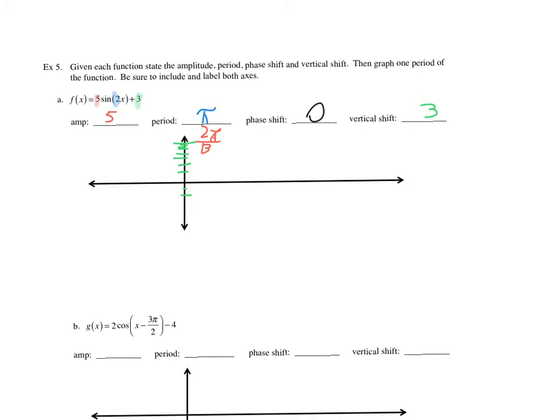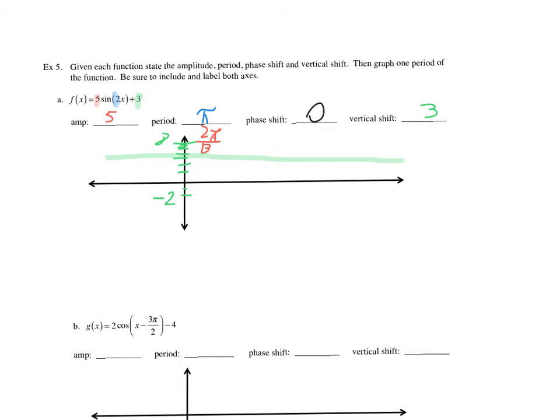So that's going to put my max values at 8, my minimum values at 3 minus 5, so -2, and my midline is going to be at 3. Key thing is that you clearly label your max and your mins.